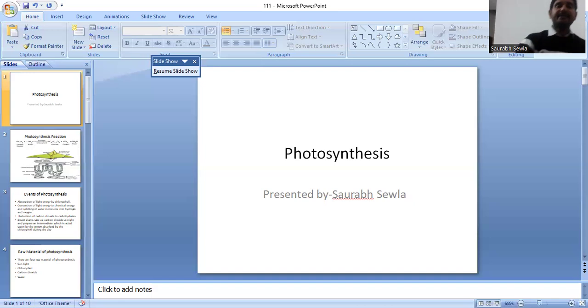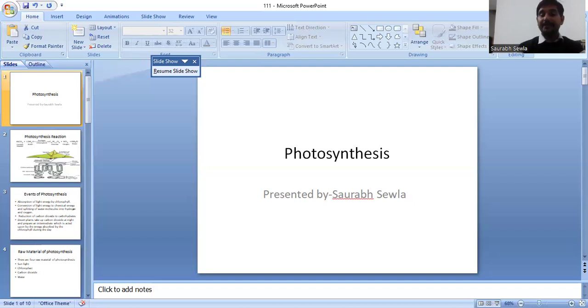So in the next activity, this activity actually shows, is chlorophyll necessary for photosynthesis? In photosynthesis, we know it takes place in the chlorophyll. So we took one croton leaf or money plant leaf.